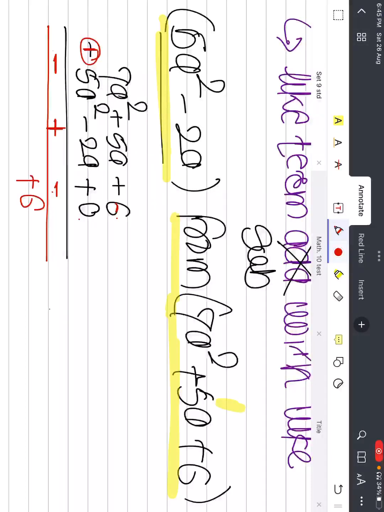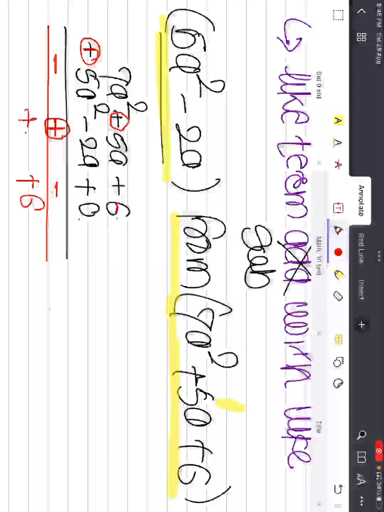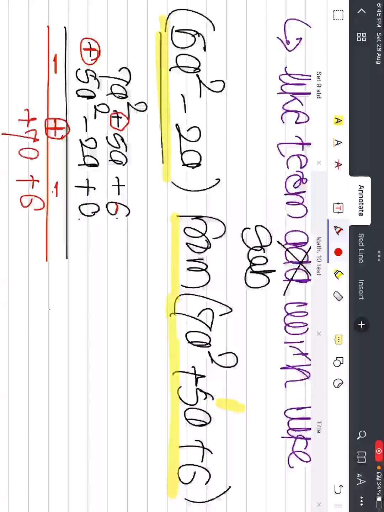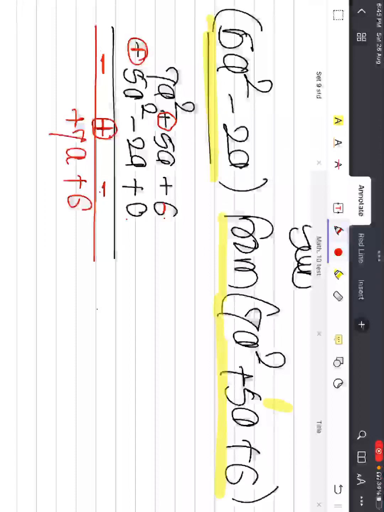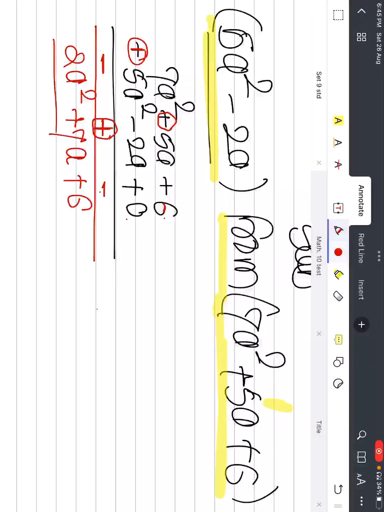Next one, 5 plus 2 plus 7, 8. Next one, 7 minus 5, that is 2a square. So your answer is 2a square plus 7a plus 6.